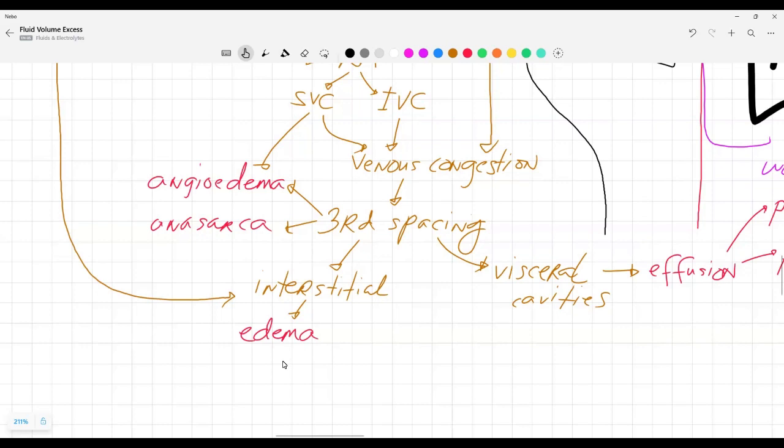Does it go to mid-shin, below the knees, above the knees, thighs, and as it goes up, it could go into the scrotal area, the sacral area. If someone is bedridden, there will be edema there. And eventually it could lead to anasarca. So anasarca is generalized edema of the whole body.